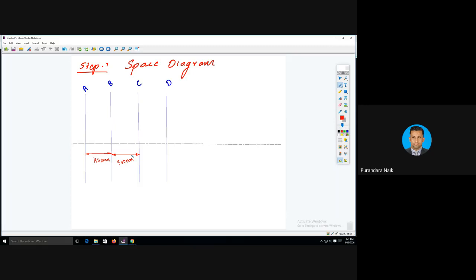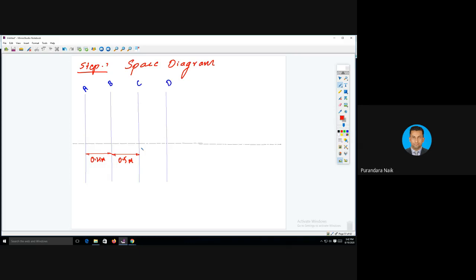After this, you need to find out, better to write it in meters because directly you can substitute in the table. 400 is 0.4. This is 0.5 meter.